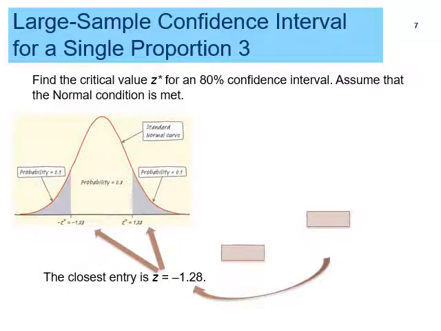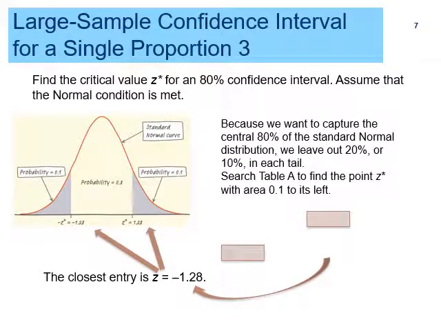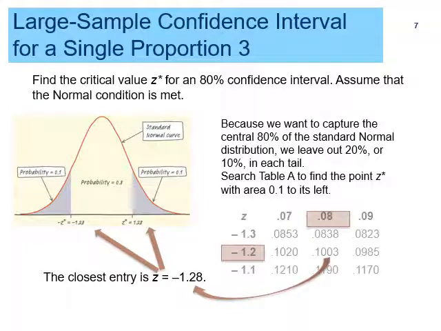Now, the large-sample confidence interval for a single proportion: find the critical value z for an 80% confidence interval, assuming the normal conditions are met. Because we want to capture the central 80% of the standard normal distribution, we leave out 20%, or 10% in each tail. Search Table A to find the point z critical with area 0.1 to its left.